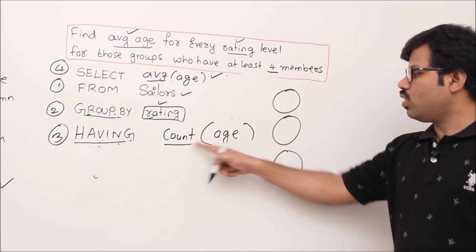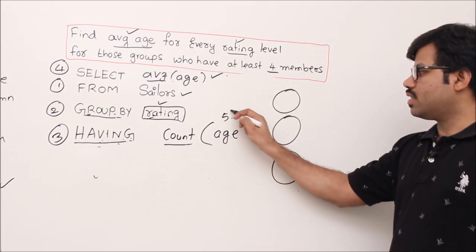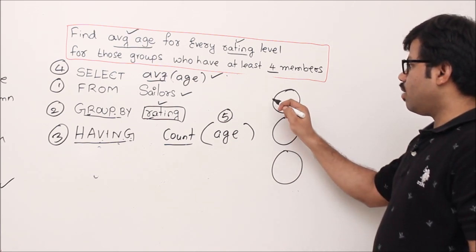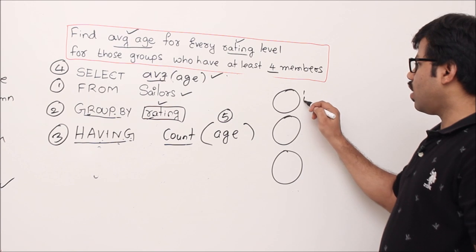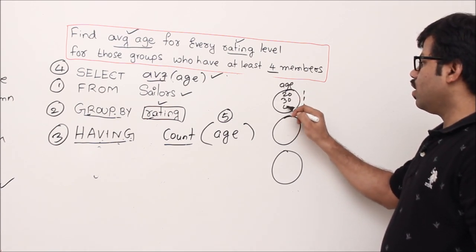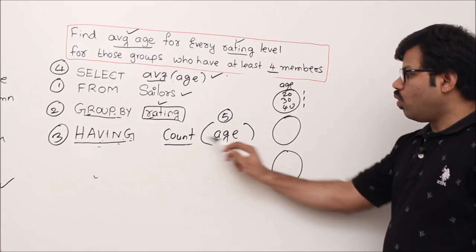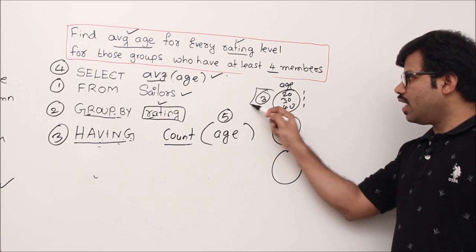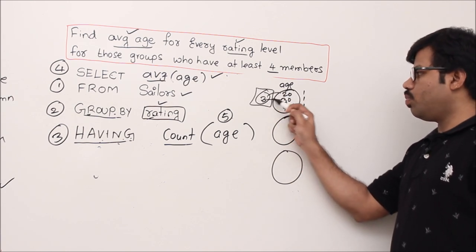When you apply count of age, that is a value, like the count of a particular age in a group. So example, this is group number 1, ratings are 1, 1, 1, age values are 20, 30, 40. So you tell me, what is count of age for this group? 3. It is a group property.